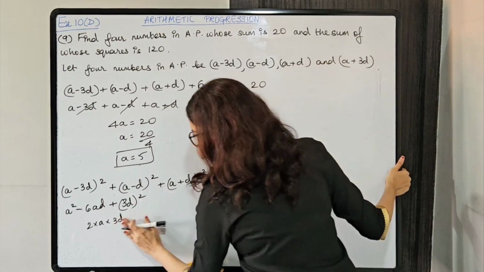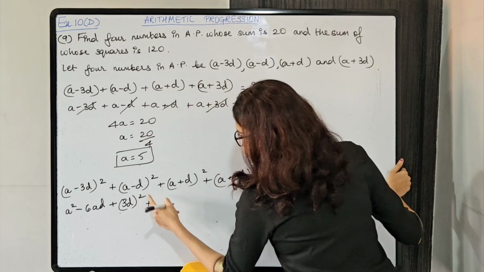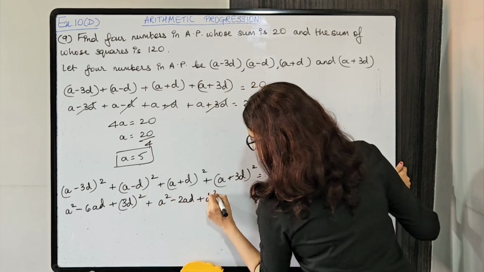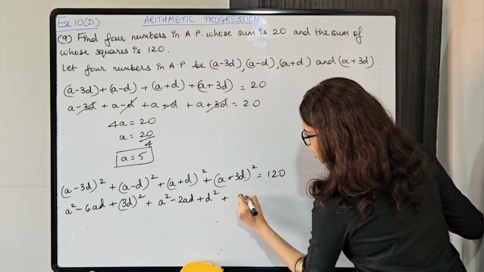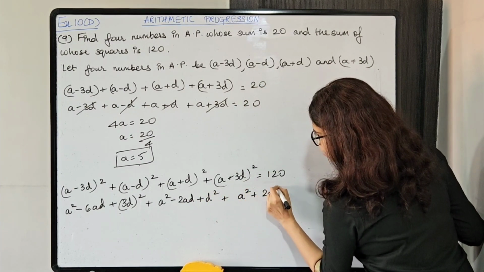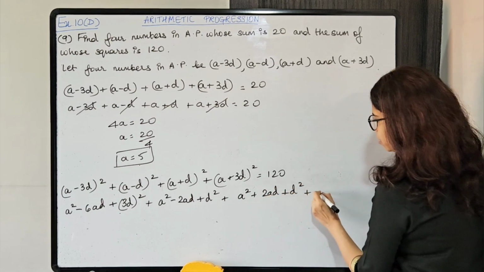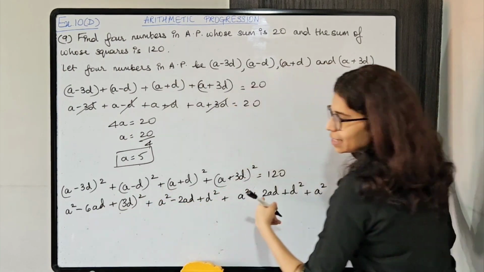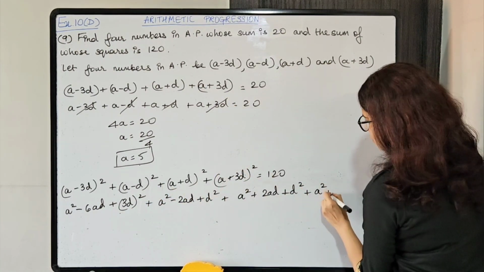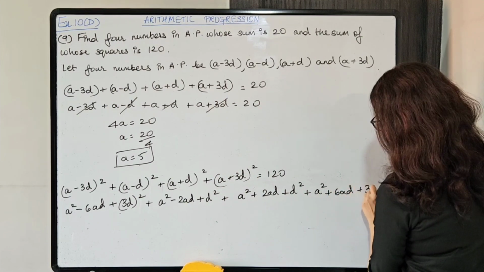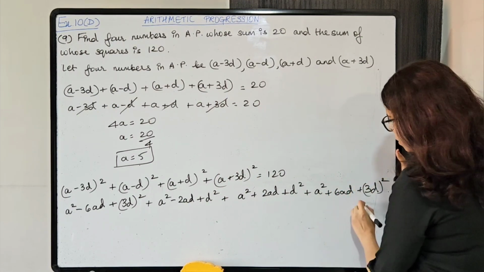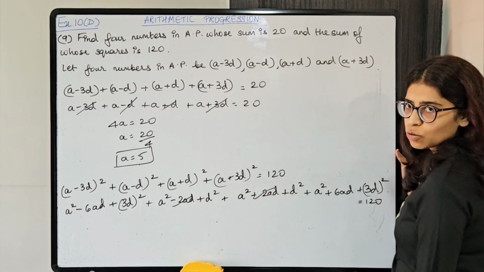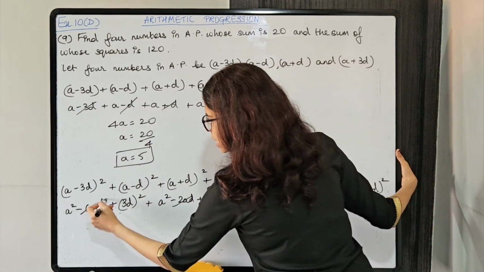Okay, so over here a square minus 2ad plus d square, this was easy. ये भी easy है, a square plus 2ad plus d square, and over here a square, only the signs will change. जो a minus b the whole square का यहाँ पे apply किया है same होगा, the signs will be positive. Okay, so it is equal to 120. Minus 2ad plus 2ad cancel हो जाएगा, plus 6ad minus 6ad cancel हो जाएगा.